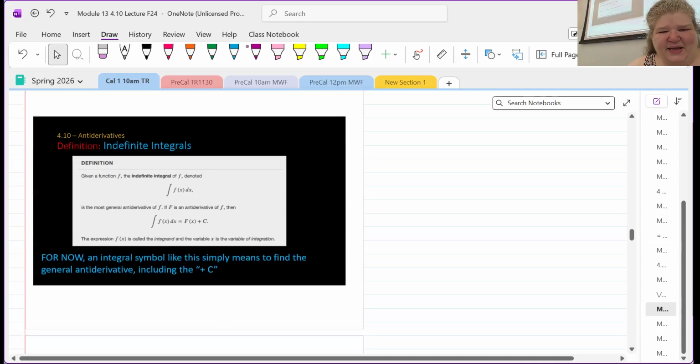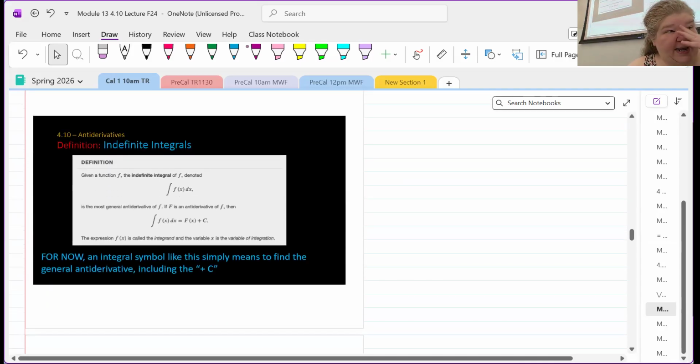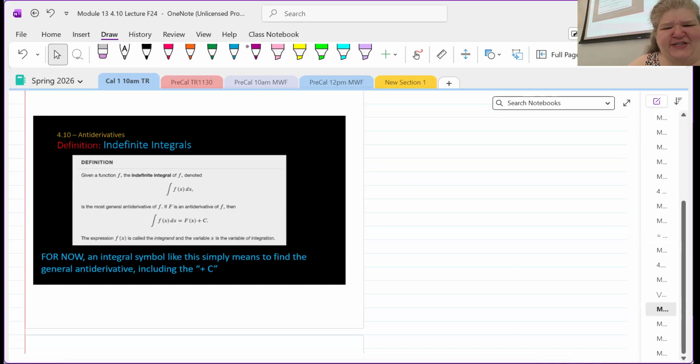All right. Now here's our symbol for antiderivative. It's called the indefinite integral. Ooh, fancy. So just like d dx was our operational symbol for saying do the derivative, this swooshy, slanty, almost S looking thing is an integral.